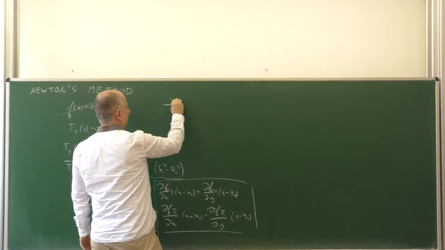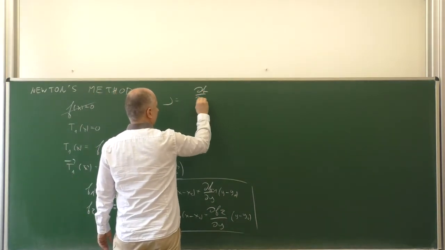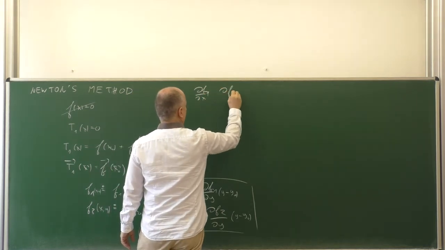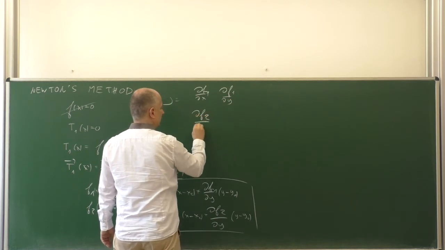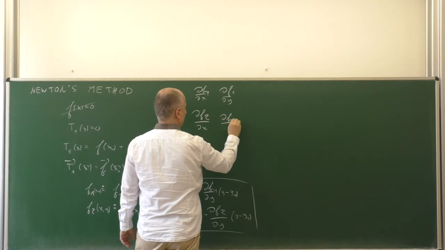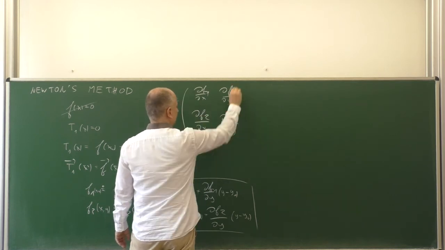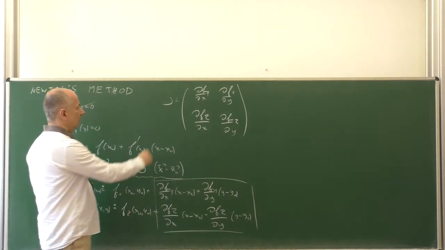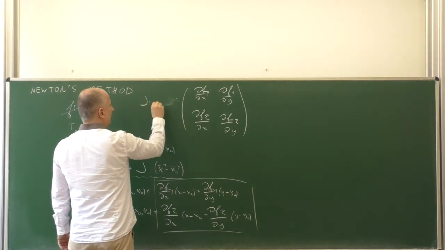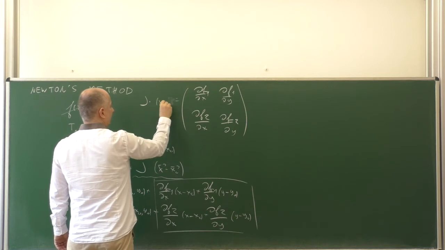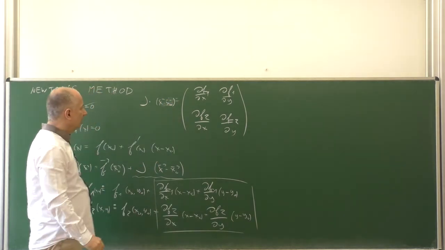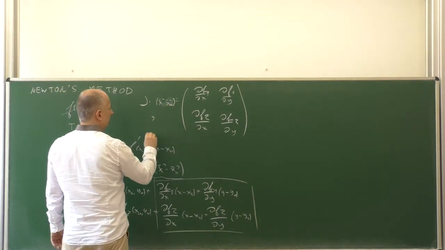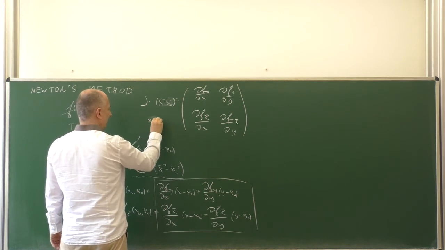When we introduce the Jacobi matrix as the partial derivative of f1 with respect to x, partial derivative of f1 with respect to y, and partial derivative of f2 with respect to x and f2 with respect to y, then we multiply this by the difference x minus x0, which is actually a column vector: x minus x0, y minus y0.